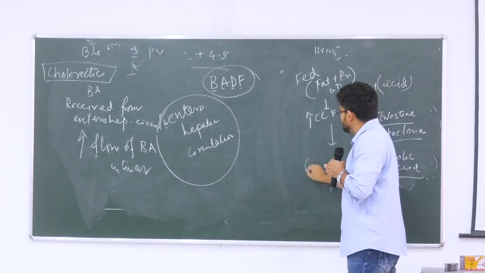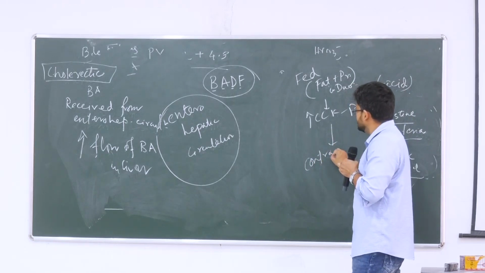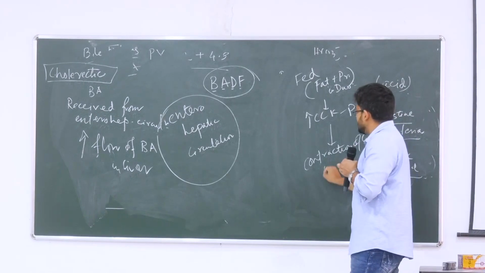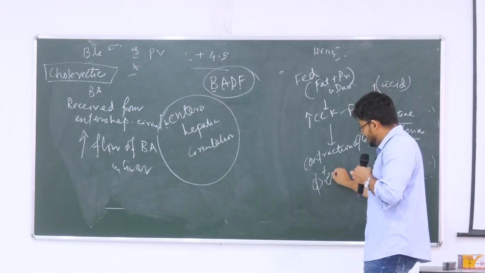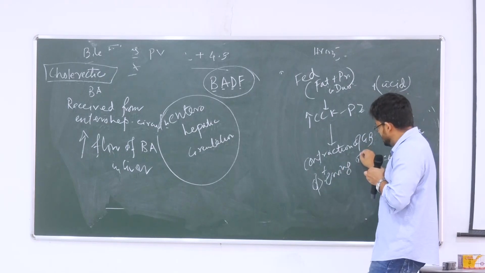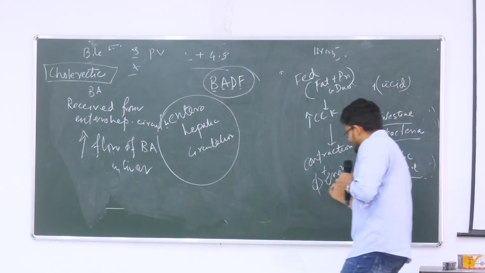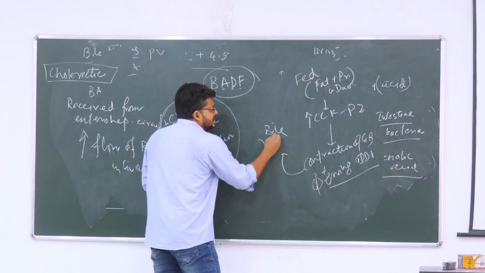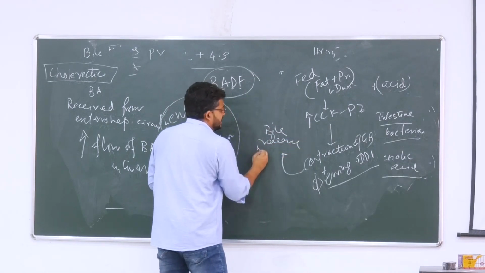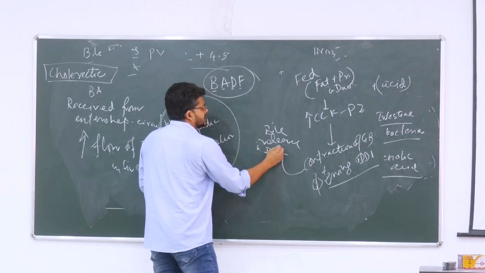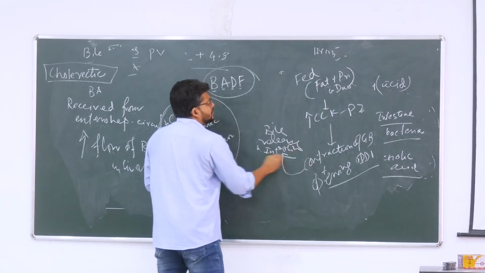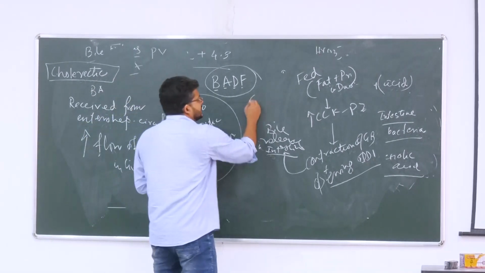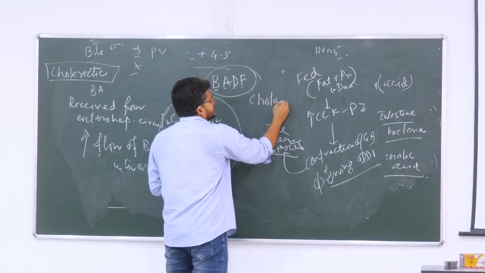This CCK-PZ will cause contraction of gallbladder plus opening of sphincter of Oddi, and that will lead to bile release in intestine for its work. So এই যে ঘটনাটা ঘটছে, this action is known as cholagogue. So CCK-PZ is cholagogue.